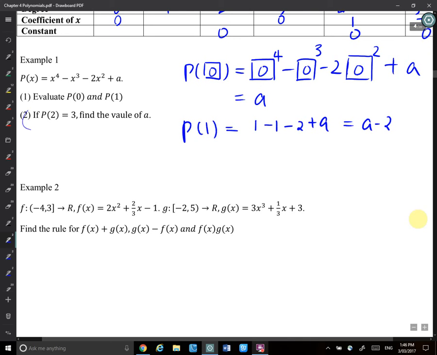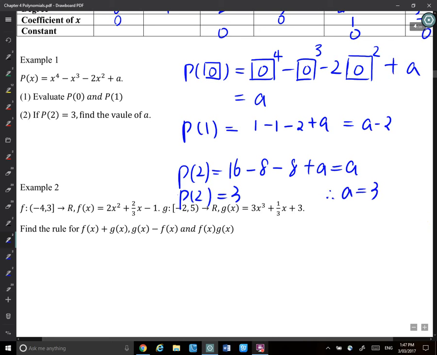And then you want to know what p(2) is. p(2) equals 3, so you need to know what p(2) is first. 2 to the power 4 gives you 16, minus 2 to the power of 3 gives you 8, minus 2 times 2 to the power of 2, 4 times 2 gives you 8 again. So that's another 8, and plus a. And that equals a, not surprised. And that equals 3. So p(2) equals 3, so a equals 3.